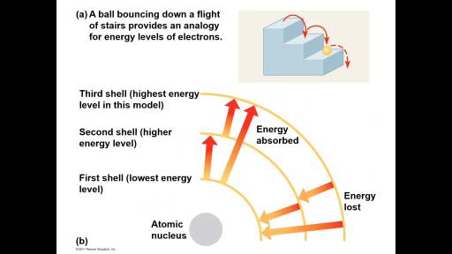So thinking about the electron shells, here you have your first shell, your second shell, and your third shell of a hypothetical atom.